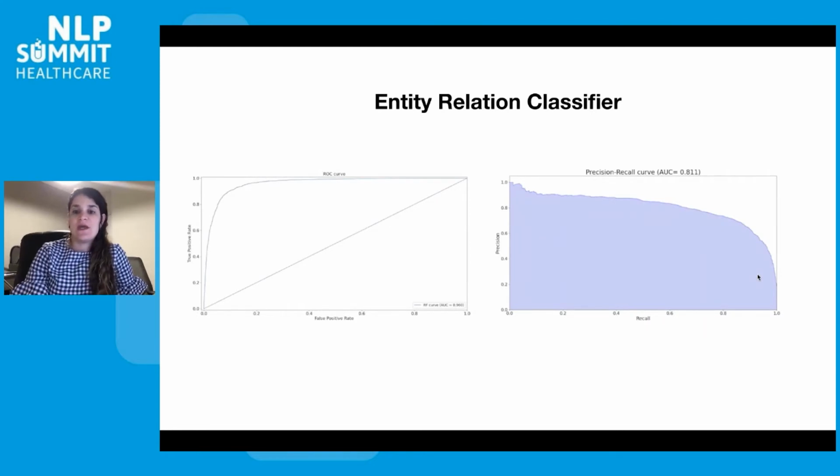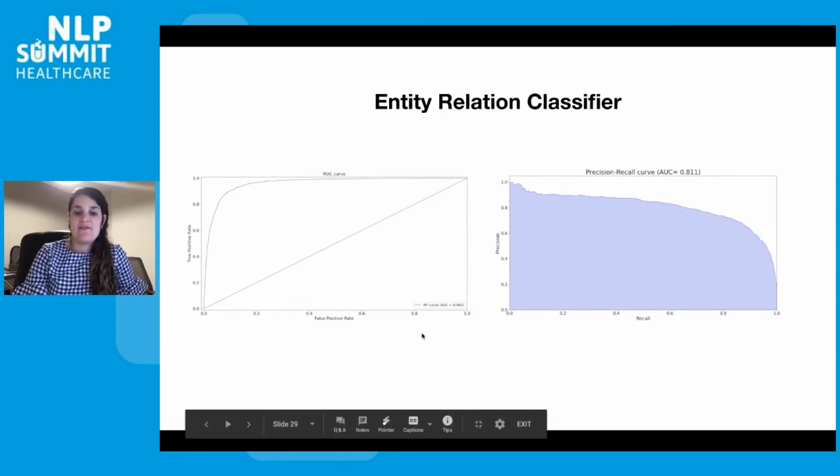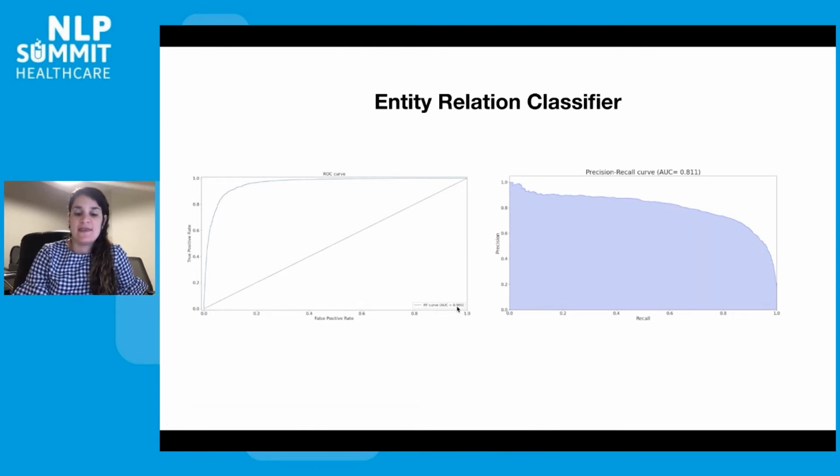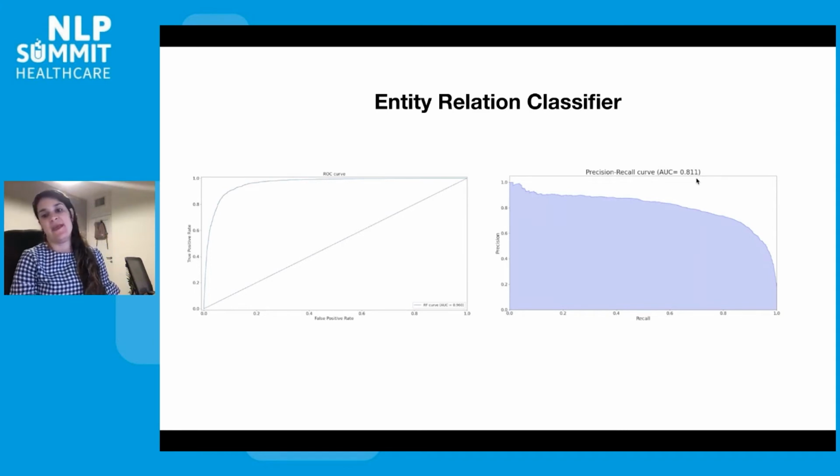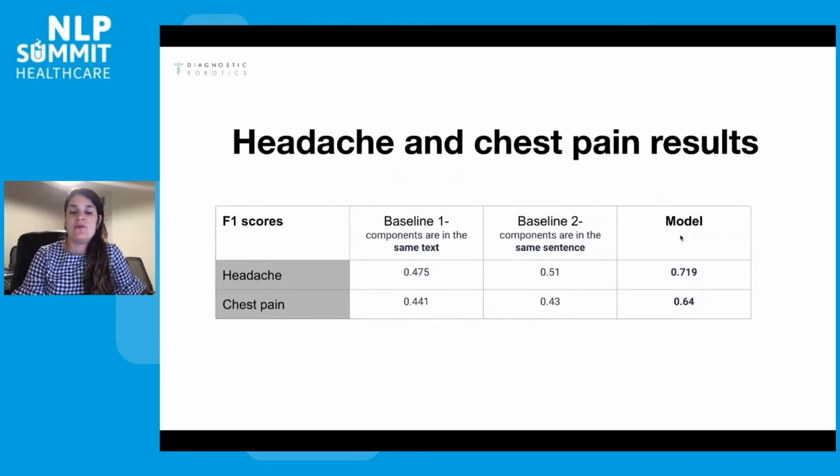So using this method on our dataset gave us very good results. We got a ROC AUC of 96%, and we got 81% of precision recall AUC. What is very interesting to see is that we compared the model to two baselines for headache and chest pain attributes.